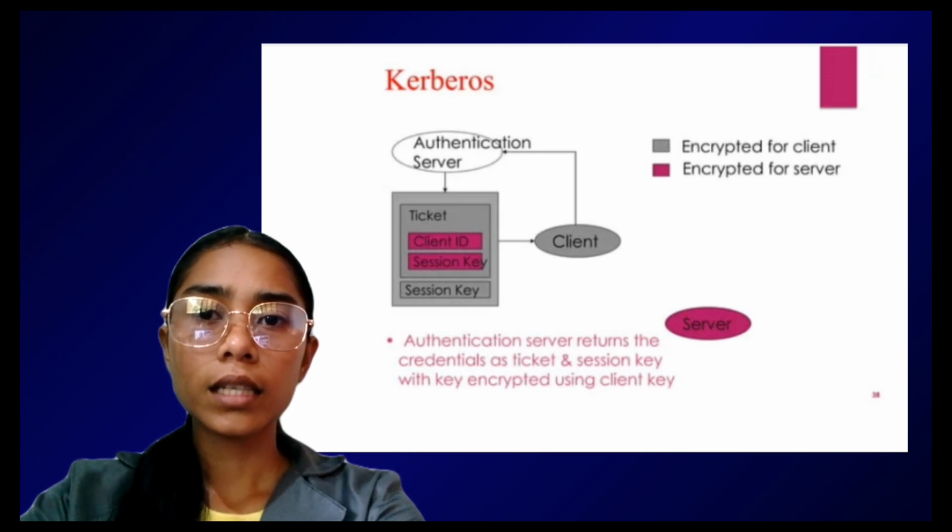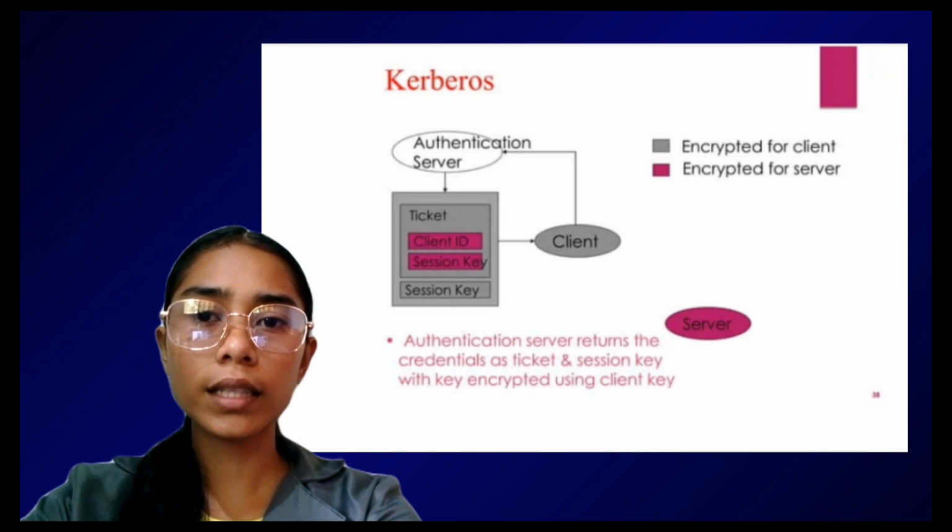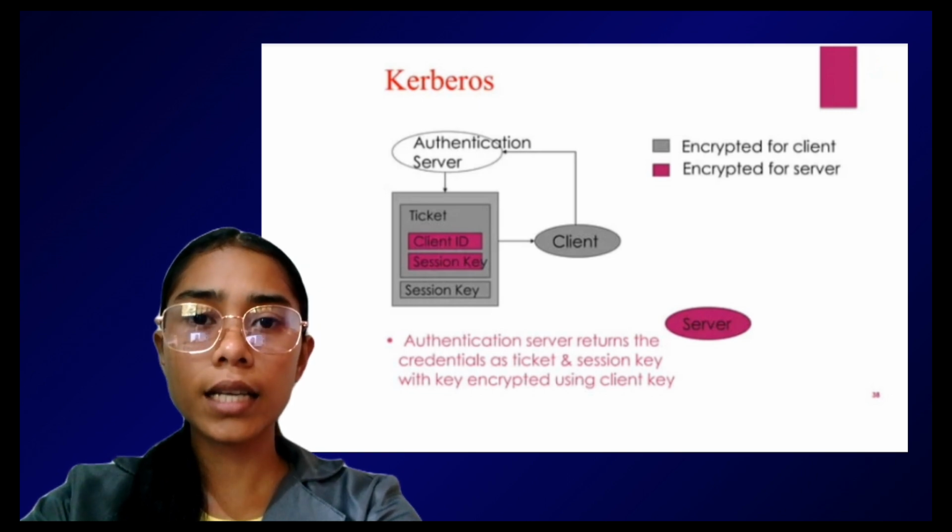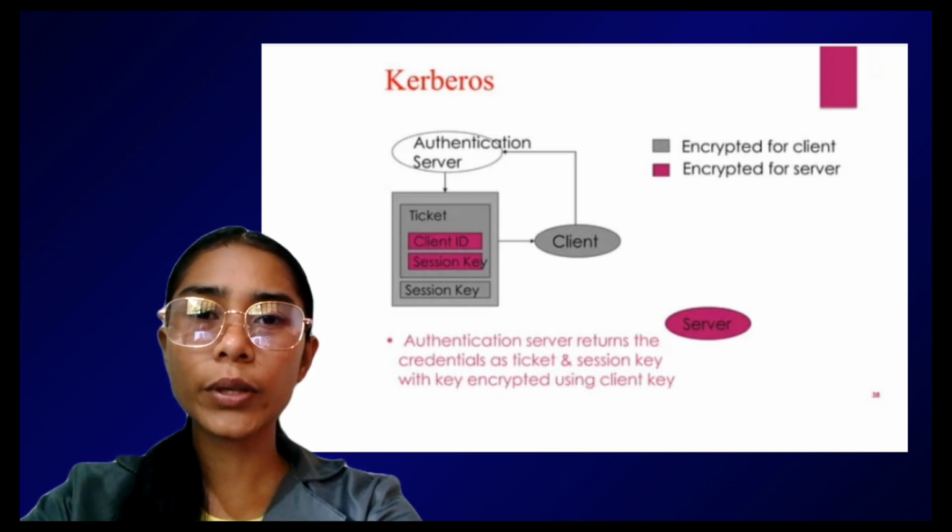Service ticket issuance. The authentication server, having received the valid TGT, creates a ticket for the requested server. This ticket contains the client identity and is encrypted using the server's secret key, known only to the authentication server and the server itself.